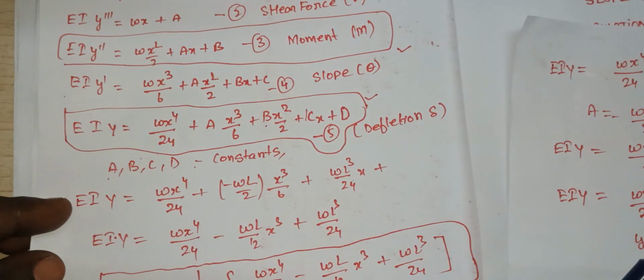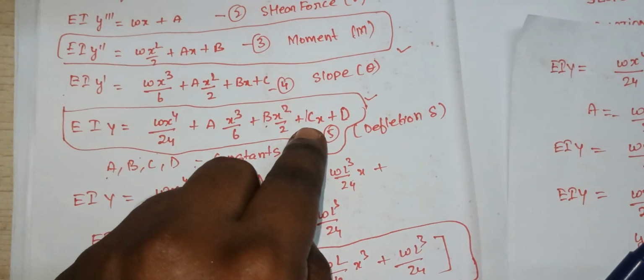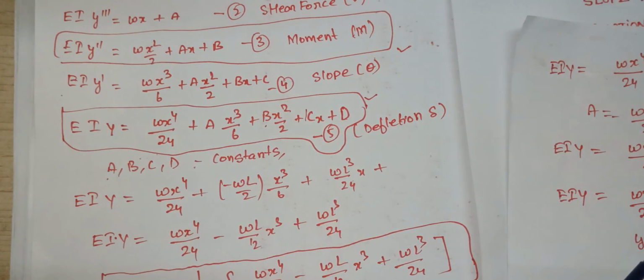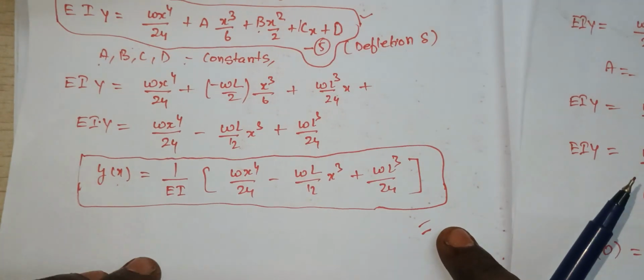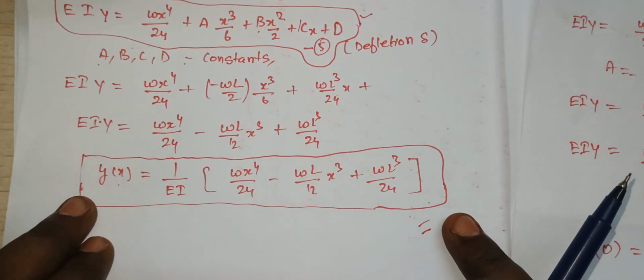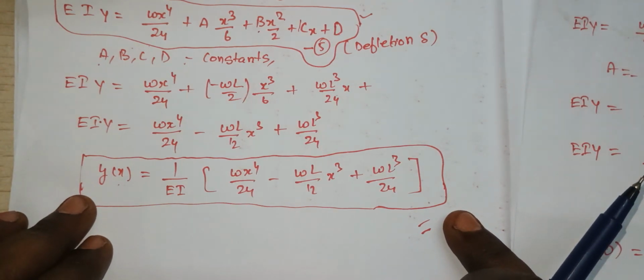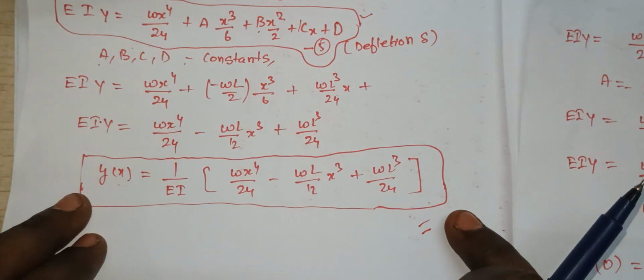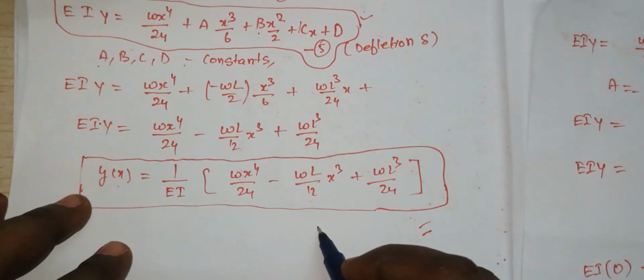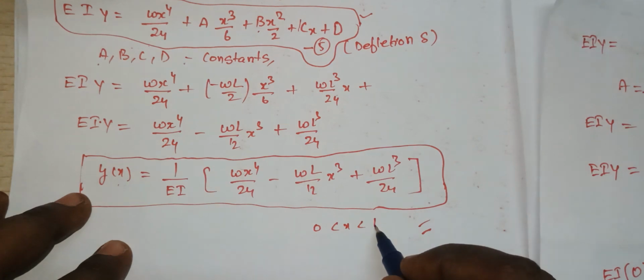Now, after that, we substituted a and c in the equation. We have finally derived our master equation for the deflection of the beam. So this works for 0 less than x less than L.